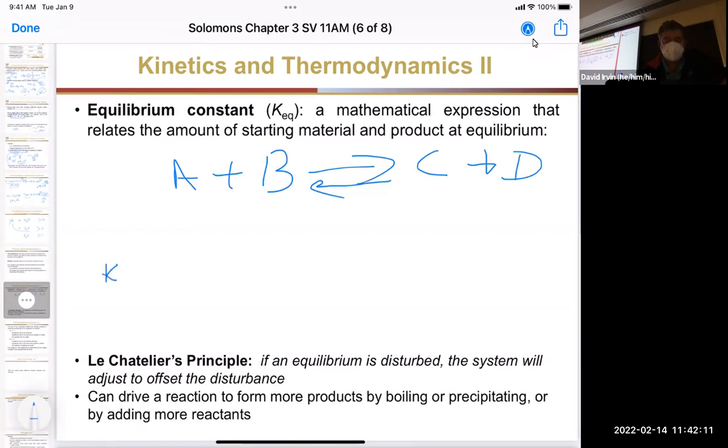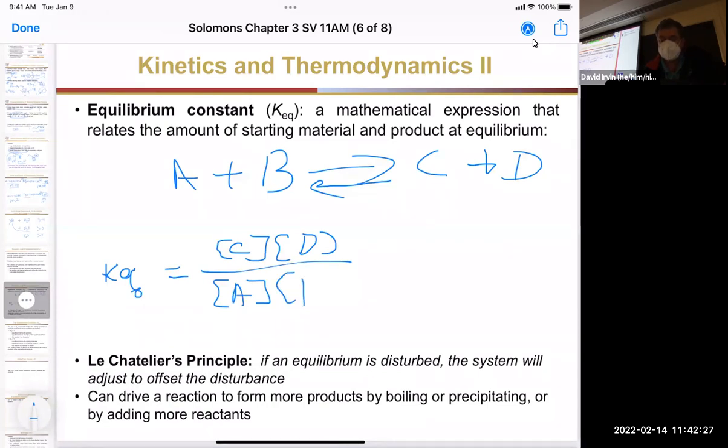Our equilibrium constant is going to be equal to the products, the concentration of C times the concentration of D, divided by the concentration of the starting materials. This is the same kind of equation we did for those acidity constants, right?